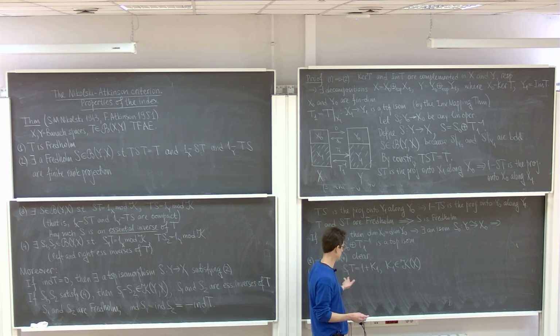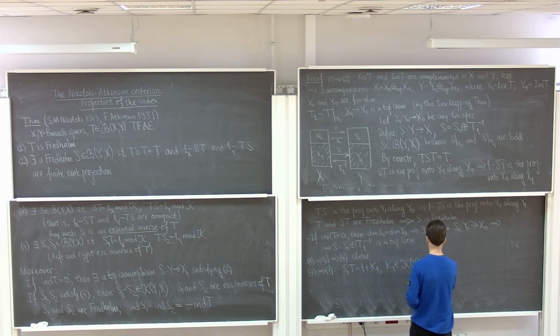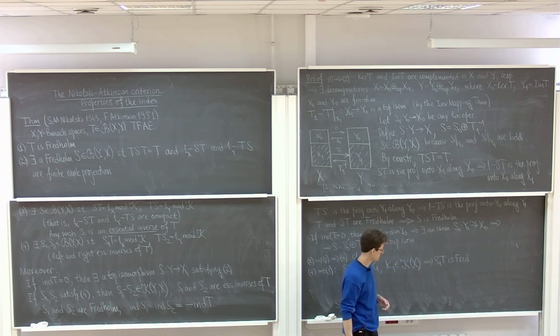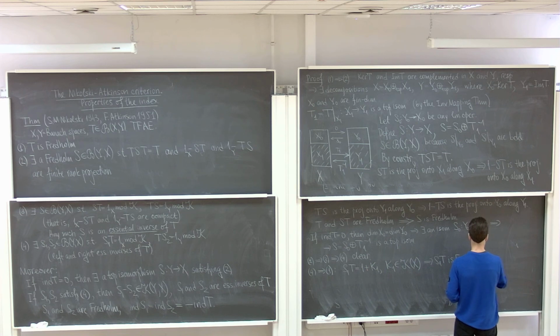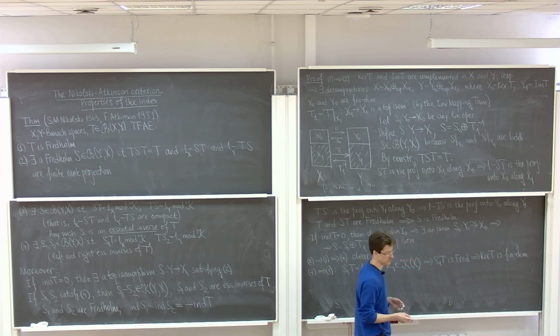So S1T is Fredholm. And this implies that the kernel of T is finite dimensional. Because it is contained in the kernel of S1T.